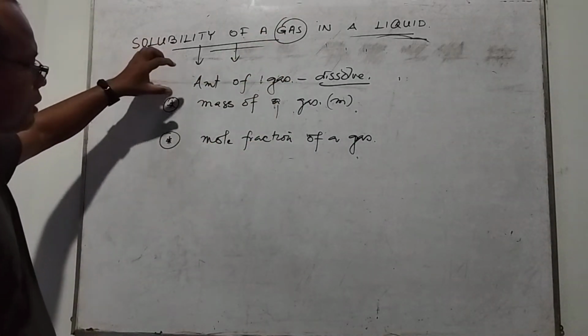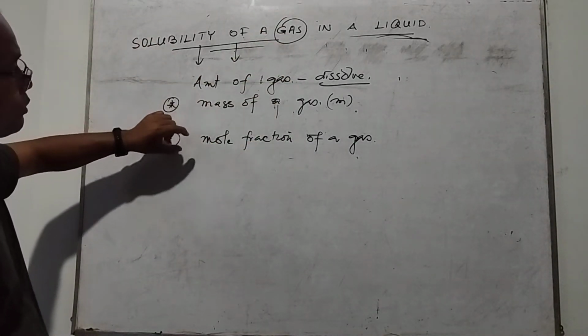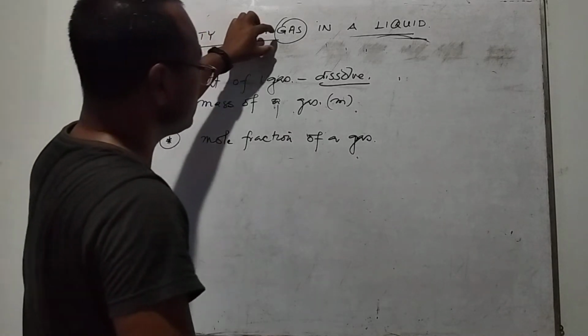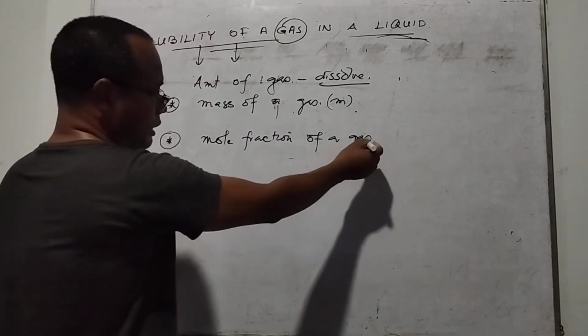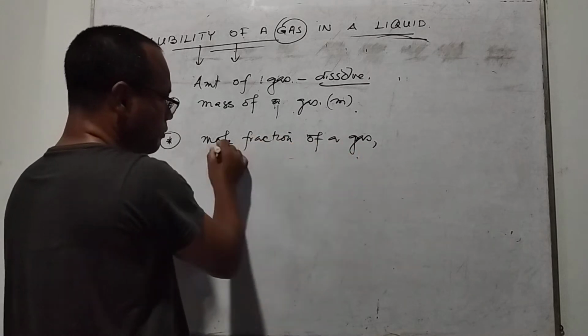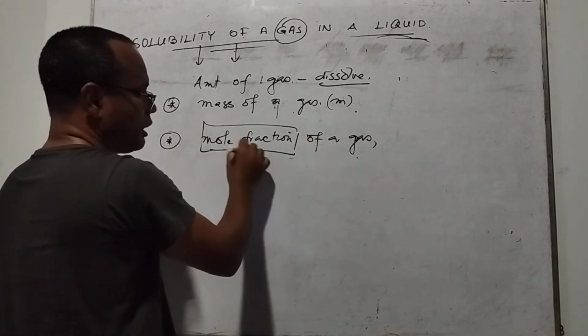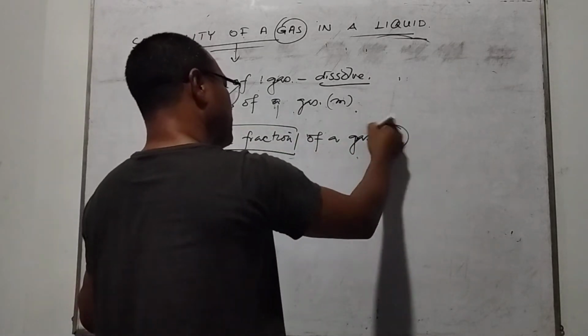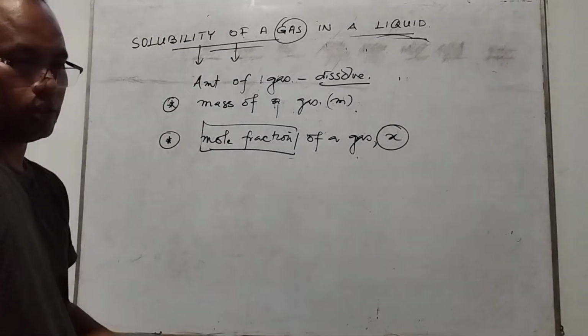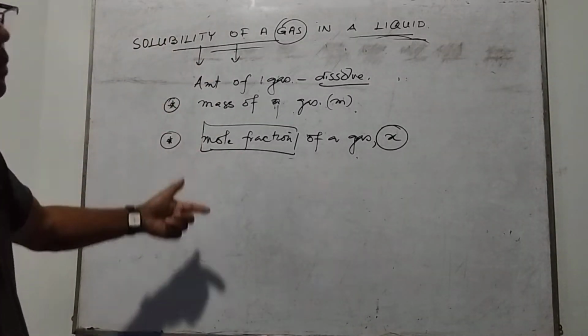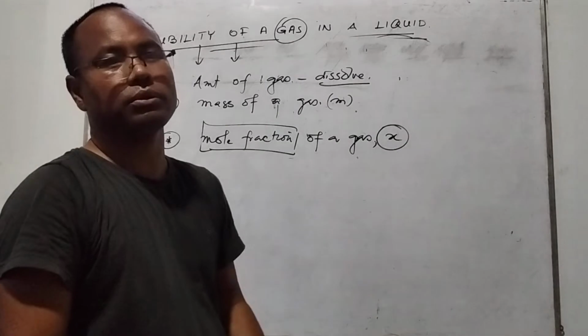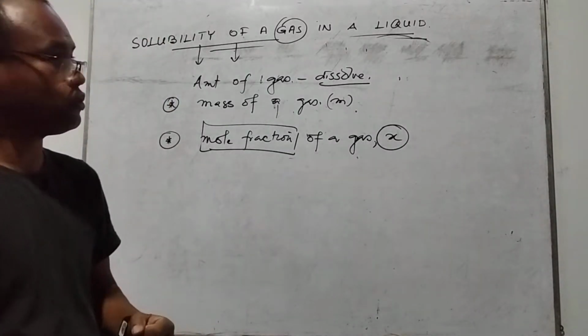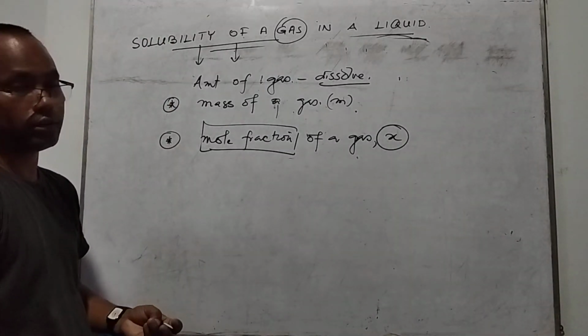That's the mole fraction of the gas, which we also consider as the solubility of the gas. The letter I am using for the mole fraction is small x. x is the mole fraction, right? So these two terms we use in place of the solubility of a gas.